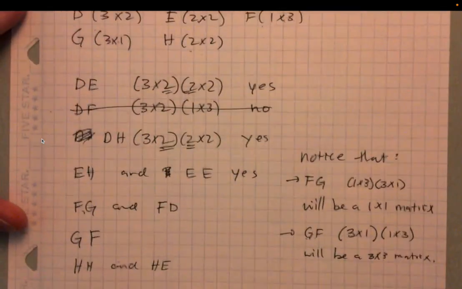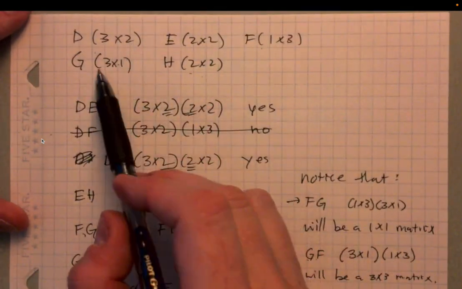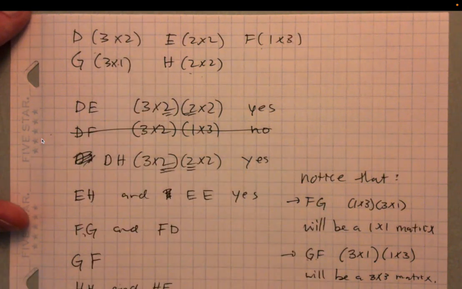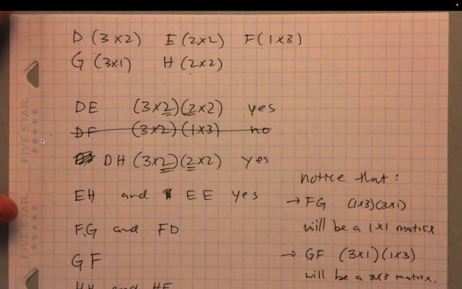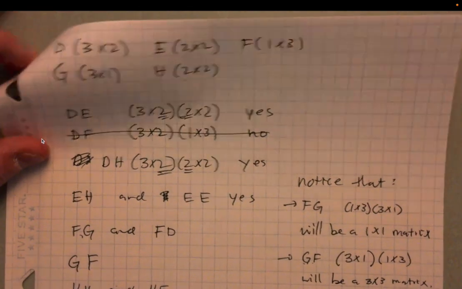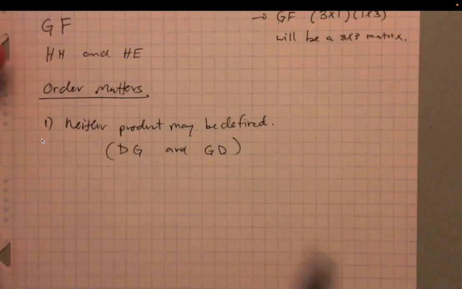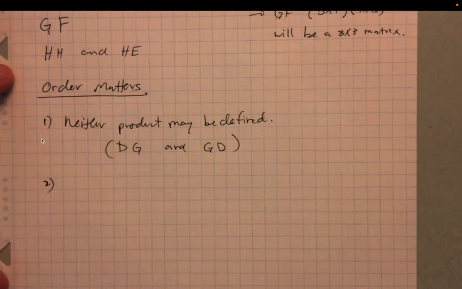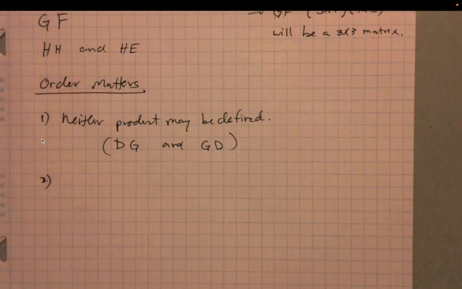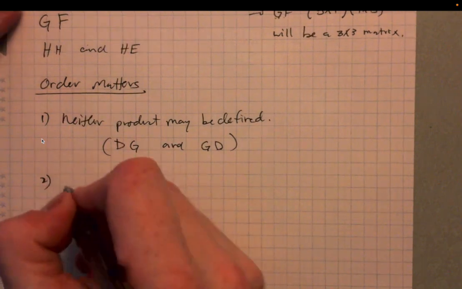If you look up here, D is 3 by 2, G is 3 by 1. If you multiply those, D times G doesn't work, and G times D doesn't work either. Okay, so that one's out. The other thing that can happen is one product could be defined, but the other may not.